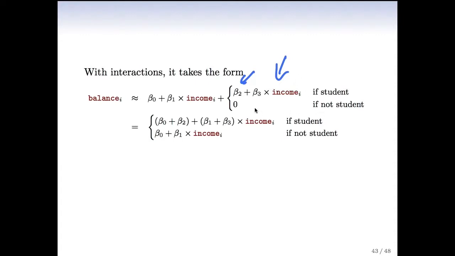And if you're not a student, there's 0, which means you get the baseline intercept and slope. You can rearrange those terms in the following fashion, and it's telling you the same thing. So the interpretation of interactions with categorical variables and the associated dummy variables is actually simpler than even in the quantitative case.